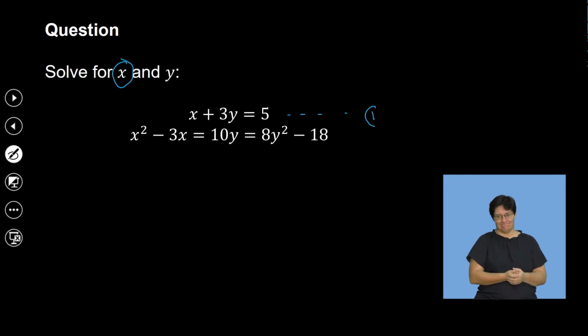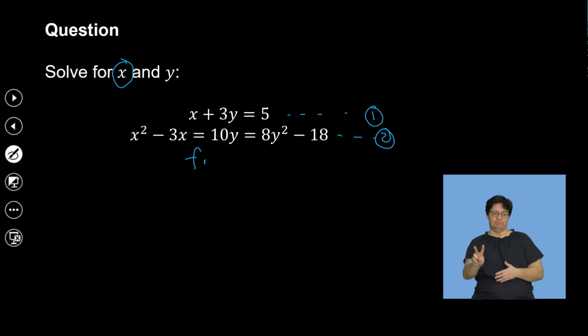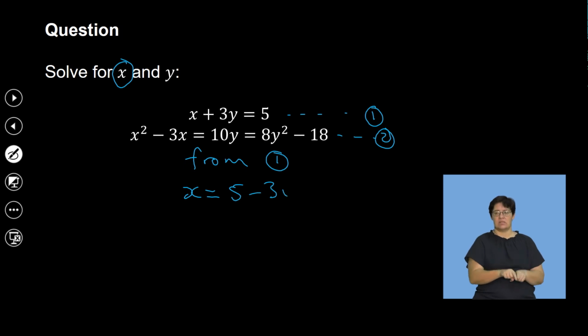So you label this equation 1, you label that one equation 2. And then you say from equation 1, I create equation 3, where I isolate one variable. So it becomes x is equal to 5 minus 3y. And we call this equation number 3.